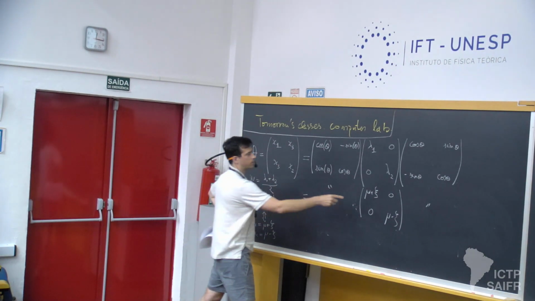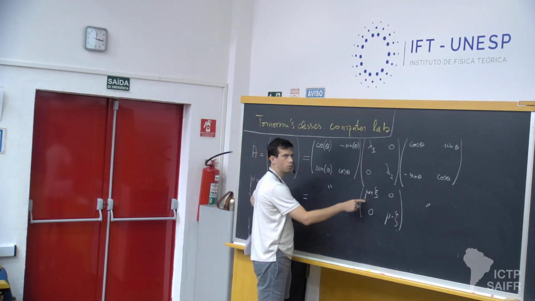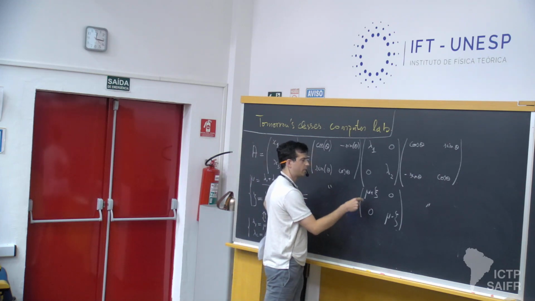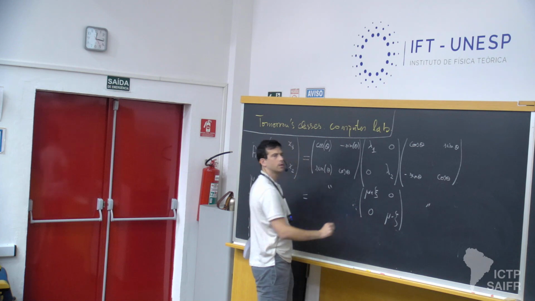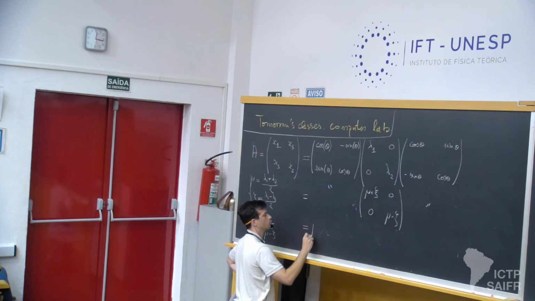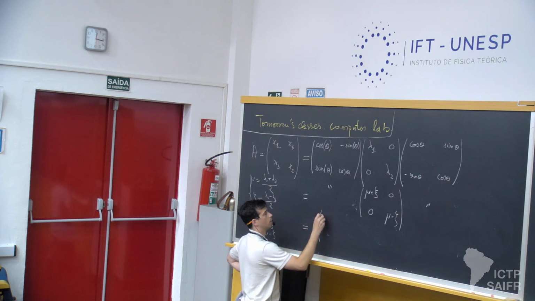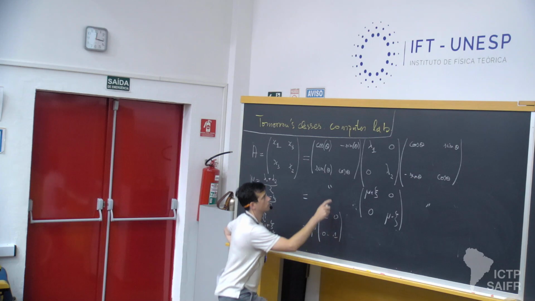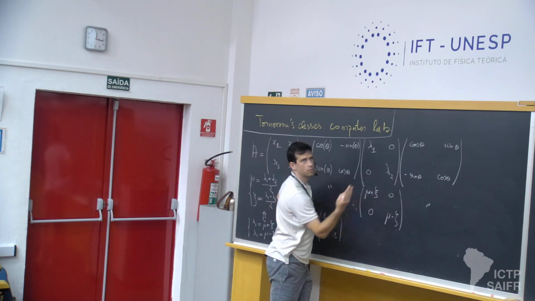And now this I can separate. The diagonal matrix is equal to mu times the identity matrix plus psi times a matrix which has 1 and minus 1 on the diagonal. The first part is simply mu times the identity matrix, because the product of the two rotation matrices together is the identity.